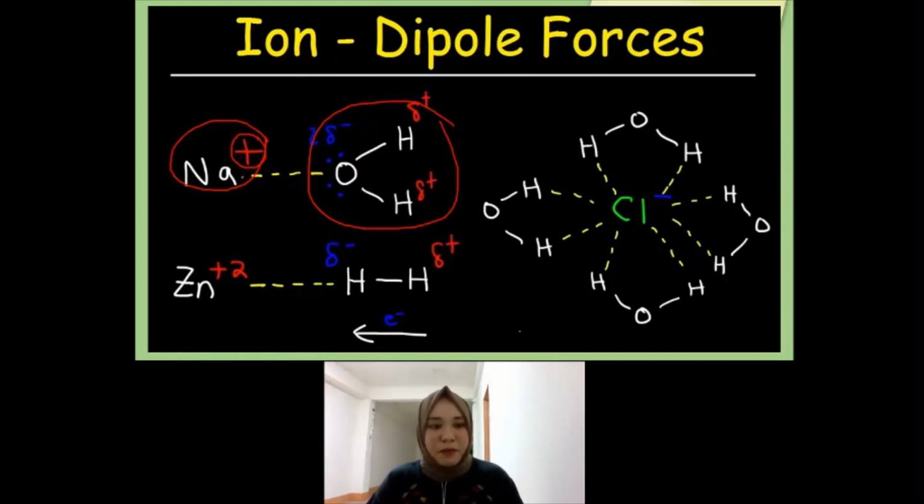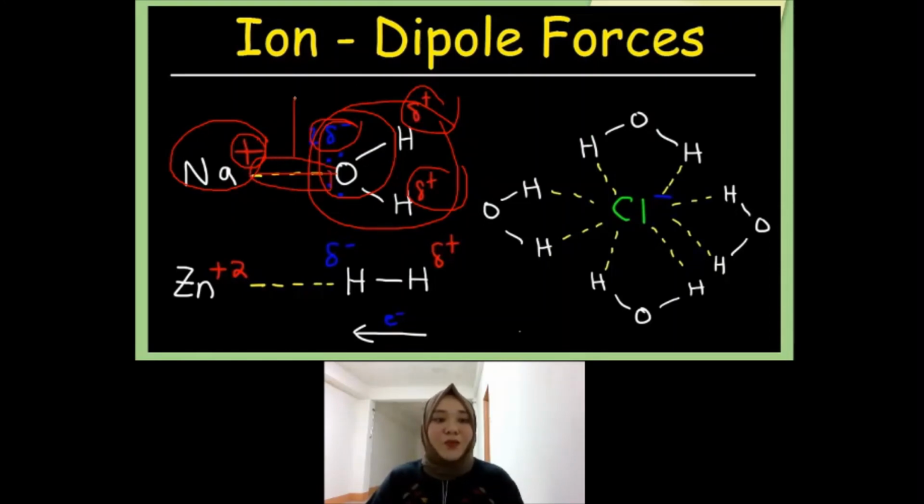If you could remember, water has a partially negative portion which is found on the oxygen atom, and then it has a partially positive region which is found on the hydrogen atoms. So since sodium is positively charged, it's a cation, it is more attracted to the oxygen atom, not to the hydrogen atoms, because those are positive, while oxygen is partially negative. Now, the force is what we call ion-dipole forces.